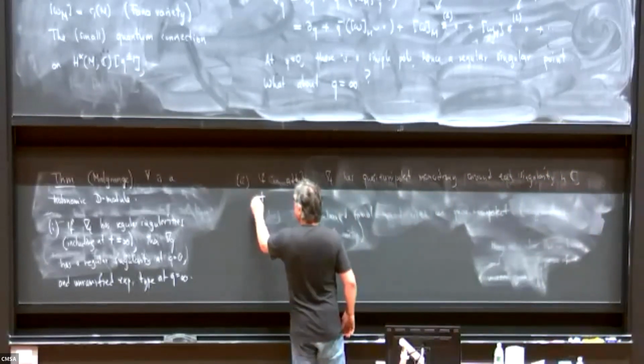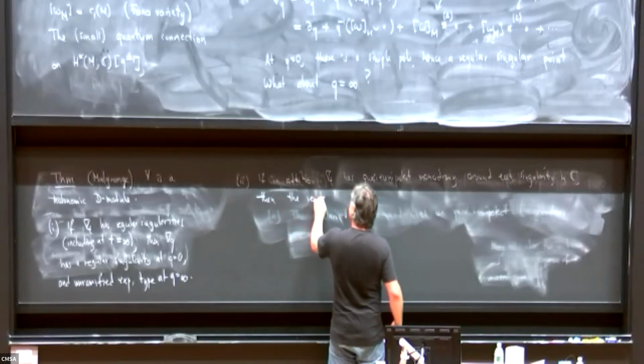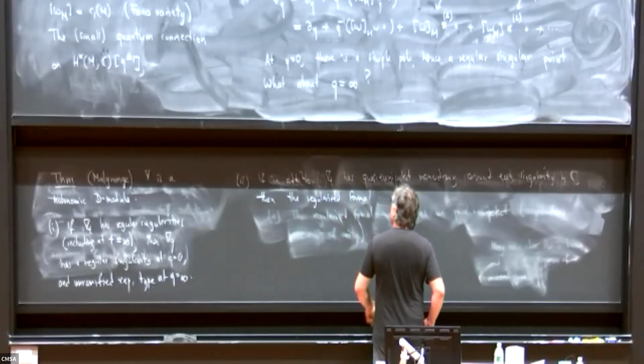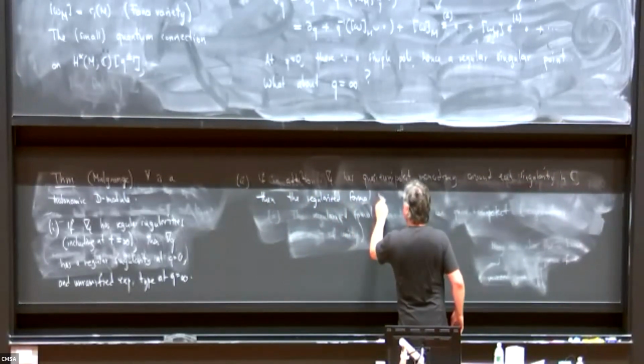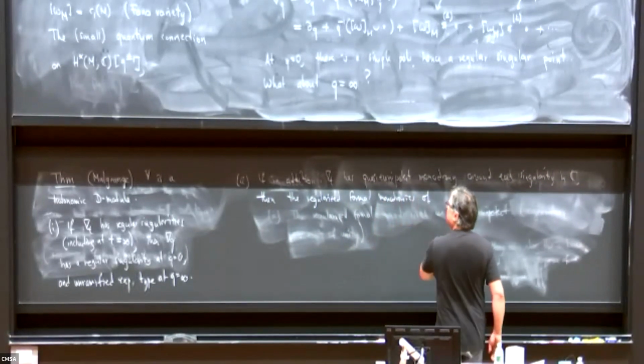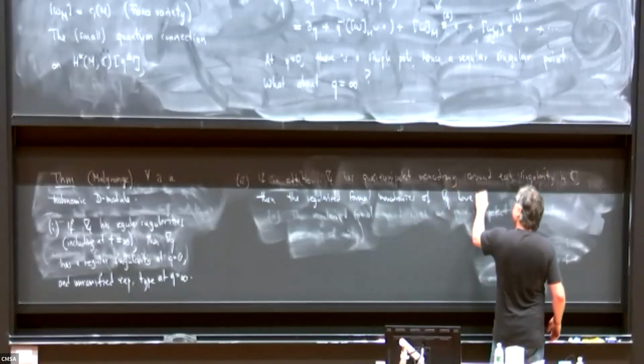Then these regularized formal monodromies have the same property.